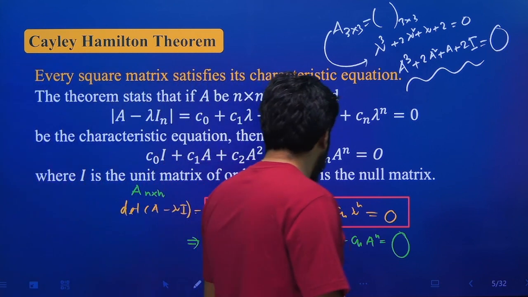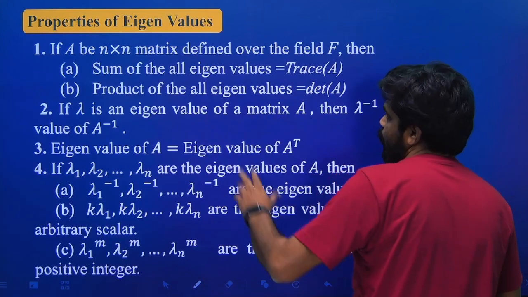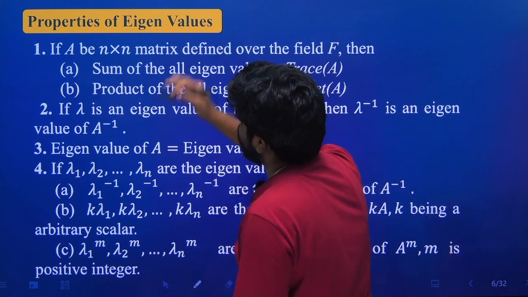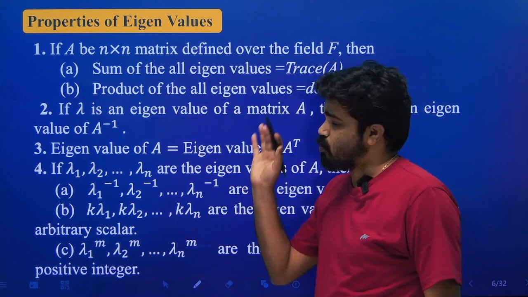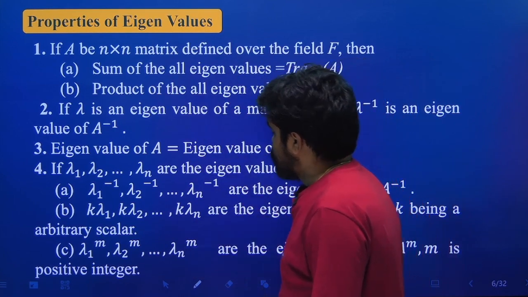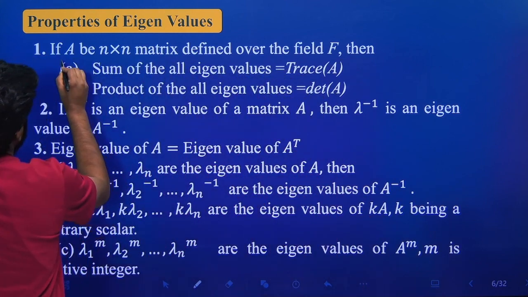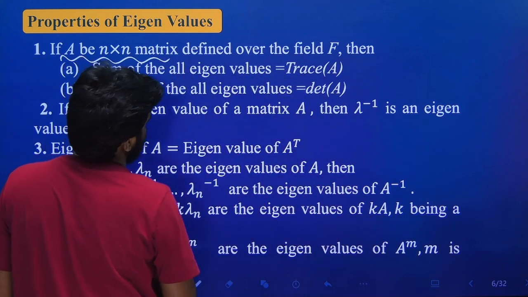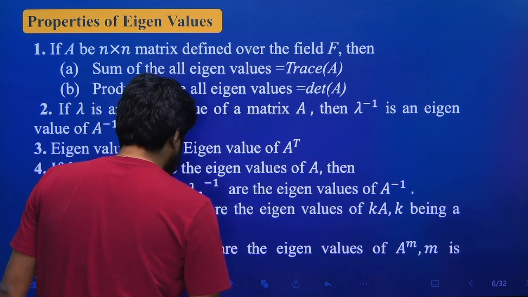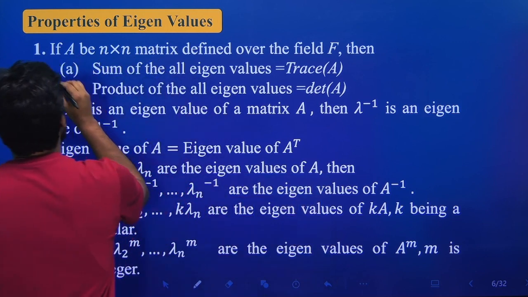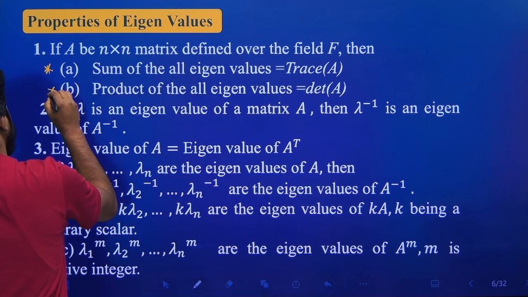Okay, ঠিক আছে। Next, come to our properties of eigenvalues. These are the important properties of eigenvalues. Suppose A be an n cross n matrix, then it should be noted that it is a very important property.